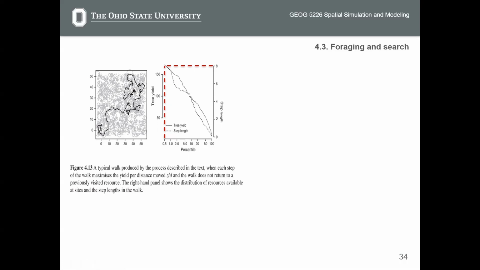It's the 0.5 percentile, which means that during this simulation, only 0.5% of all steps have a step length of 8. So there are long steps, but they are very rare, due to this spatial distribution of resources.